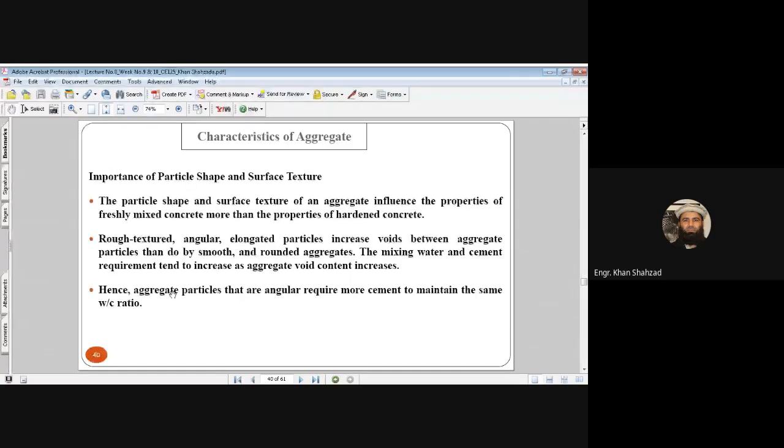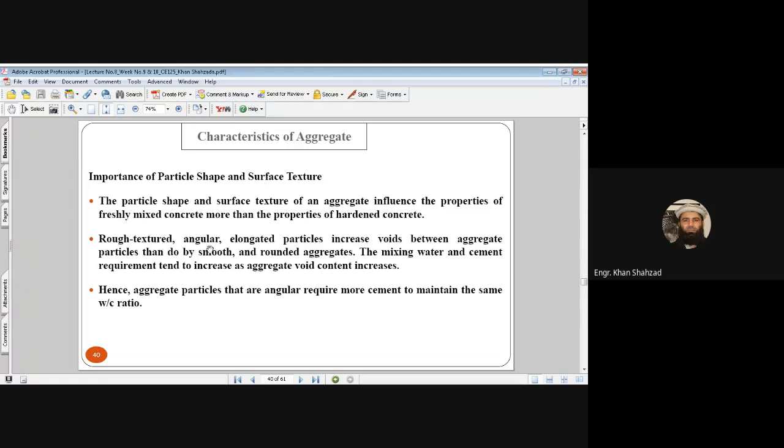Importance of particle shape and surface texture. What is the importance if we are using these types of aggregates? The particle shape and surface textures of an aggregate influence the properties of freshly mixed concrete more than the properties of hardened concrete. Once the concrete has become hardened, its properties are not that much affected by the surface textures and shape of the aggregates. But when the concrete is in fresh condition, then its properties are affected by the shape and surface texture.